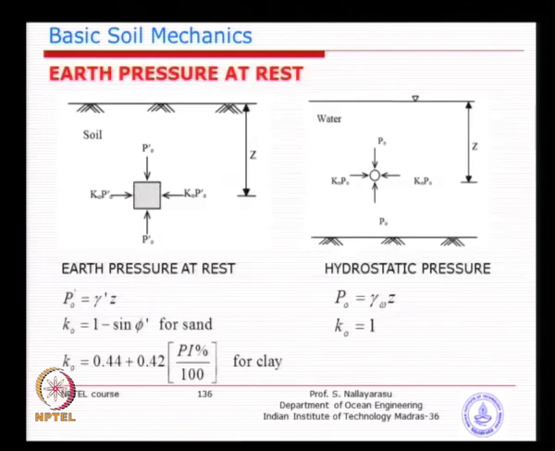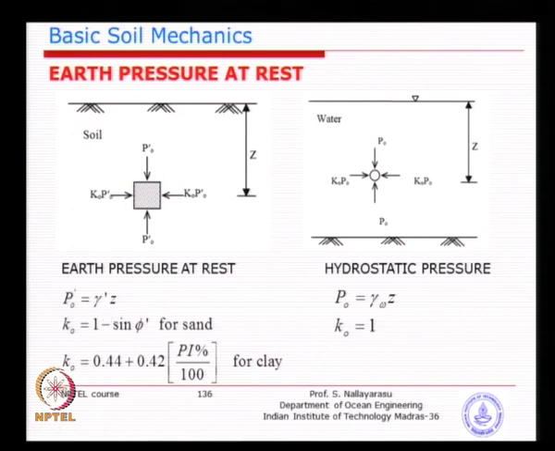The first one you can see here, this is what I was trying to explain earlier. In the state of stress in a fluid medium like water, you will have the pressure coefficient all around as 1. So, you have a hydrostatic state of stress, whereas if you go to a soil at rest, the vertical pressure is basically the submerged unit weight.